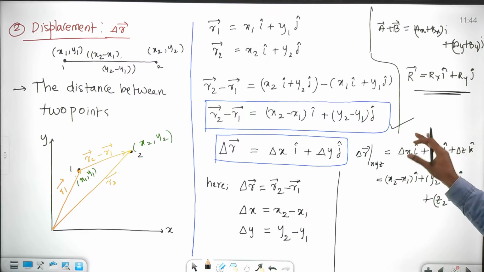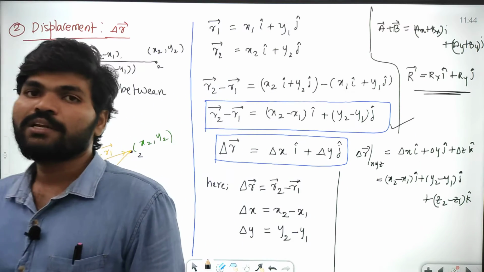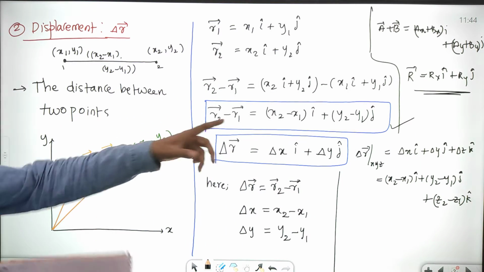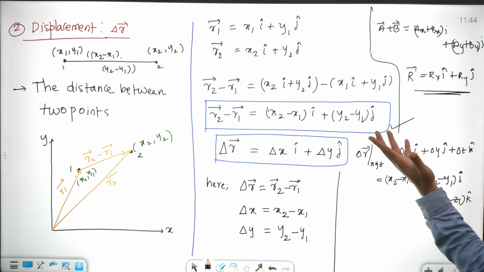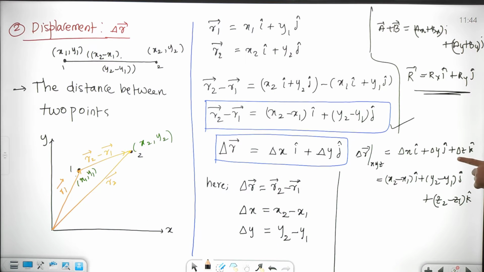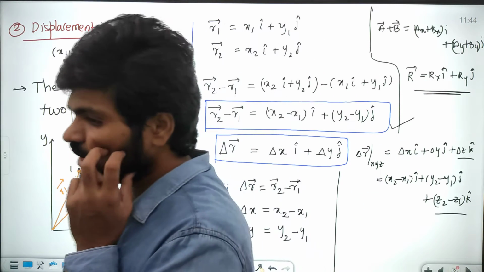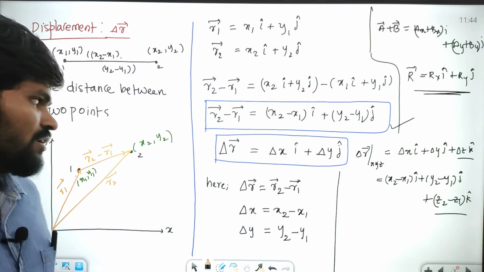So this is the representation of the 3-dimension vector. If you know how to express a vector in 2 dimensions, then nothing to worry, you just add an extra z.